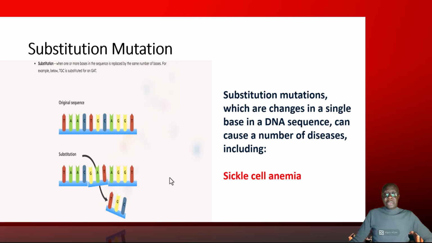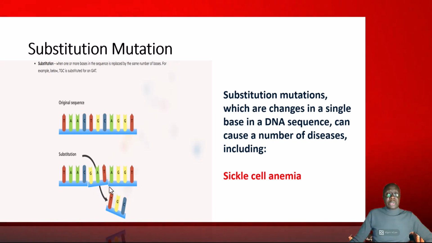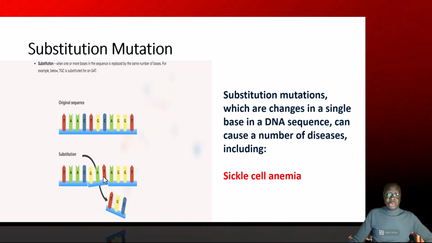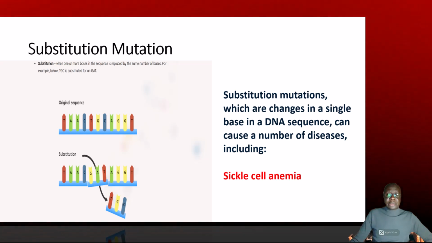Okay. Here also you have substitution mutation. A substitution mutation is a mutation where the nucleotides are substituted with another set of nucleotides. Sometimes the substitution can perform the same function as what it has substituted itself from. So then the gene is happy, it is going to produce the same thing that should have been there anyway.